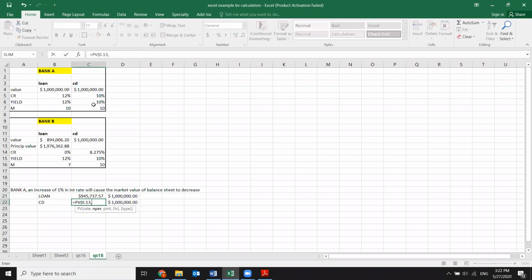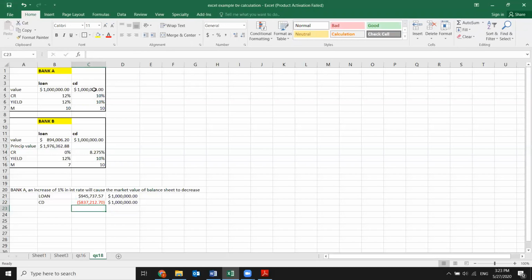Number of periods is 10. Payment is coupon rate times 1 million. So this times this, measuring the coupon payment, and the face value is 1 million. And we're closing the bracket.